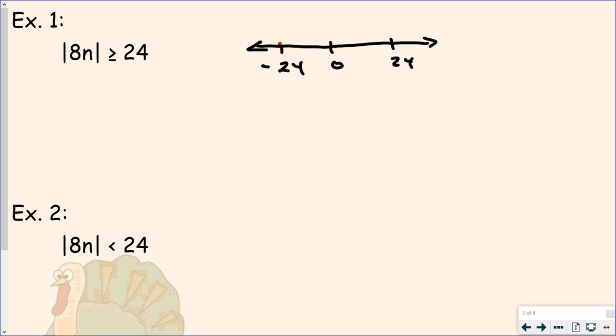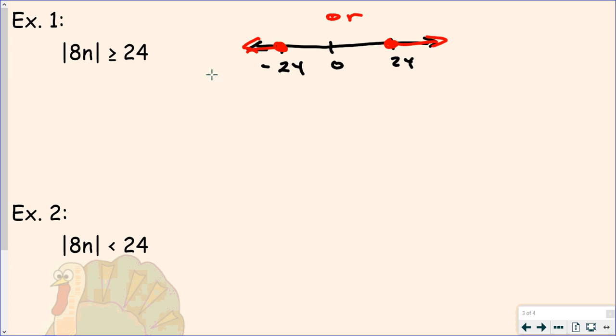These would be solid circles. This is saying that 8n is more than 24 away from 0. If it's more than 24 away, that means it's this way. So this is going to graph as an or.